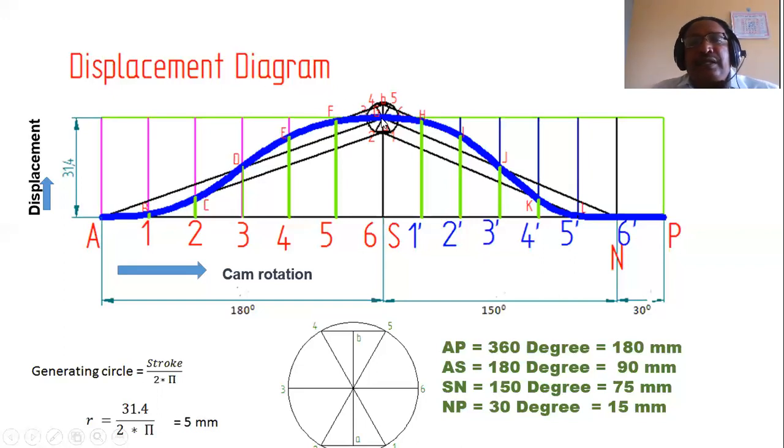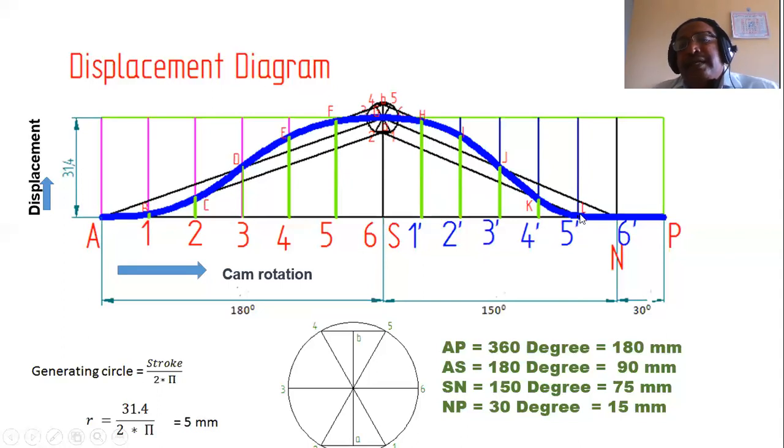Then connect the center of the circle. Similarly, you follow the same procedure that I explained on the left side. From the point A, you draw a line parallel to this. When I draw a line parallel to this, it intersects the vertical lines which are drawn from 4 dash and 5 dash.